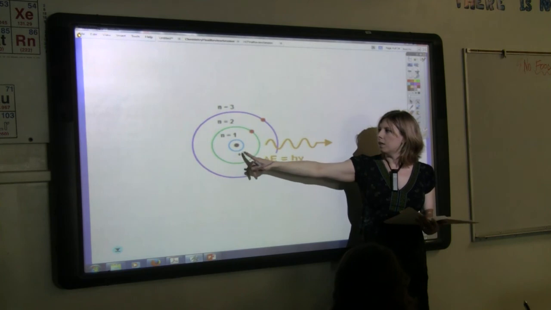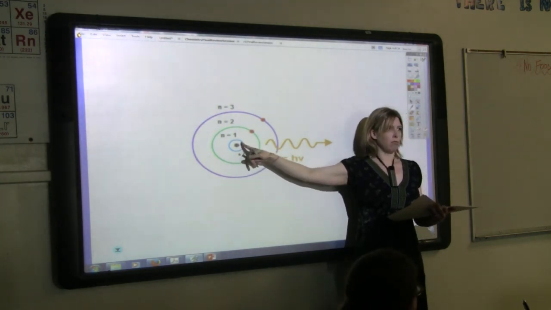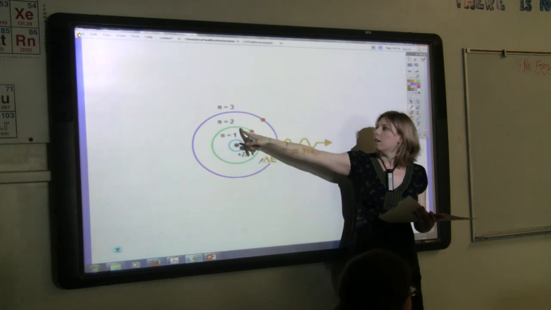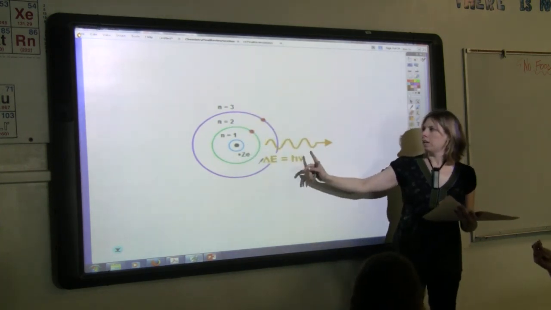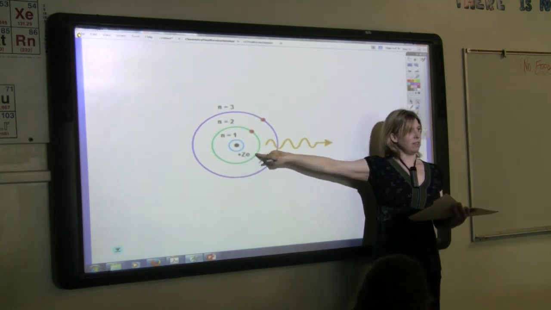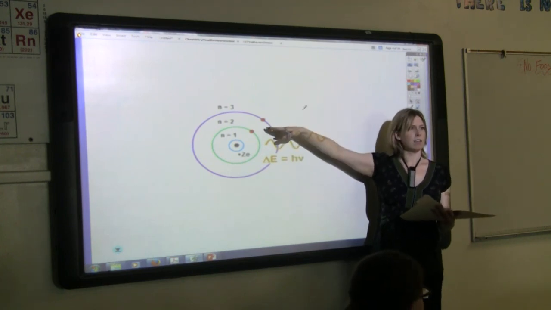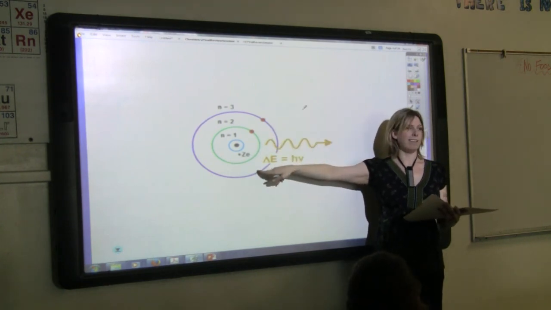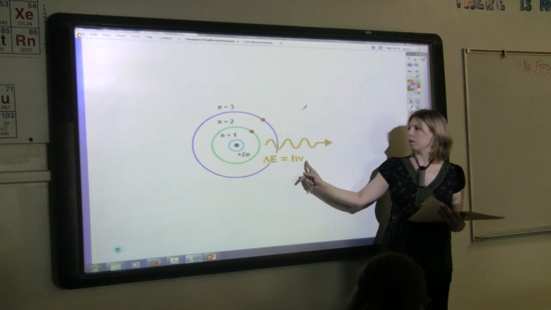So this would be equivalent to our first row, which only has 2 electrons in it, our second row, our third row. So when this absorbs energy, it pops an electron up to one of the upper levels. When it drops down, it releases the same amount of energy in the form of light. So that's how we get our light.